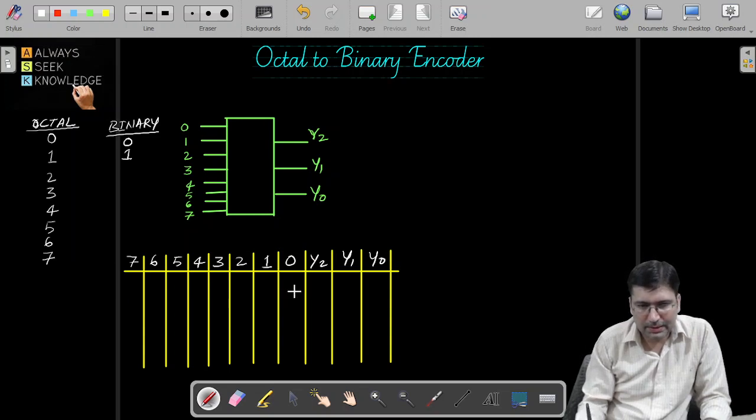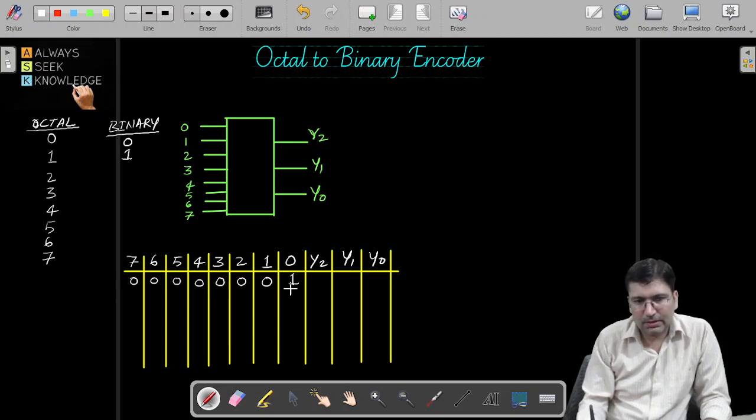Now, initially I assume that this 0 is high. If this is 1, I assume the rest of the places are all 0. This 0 in 3 bits will give us all 0, right? So if we convert 0, which is given in the octal system, in binary it will also be represented as 0.